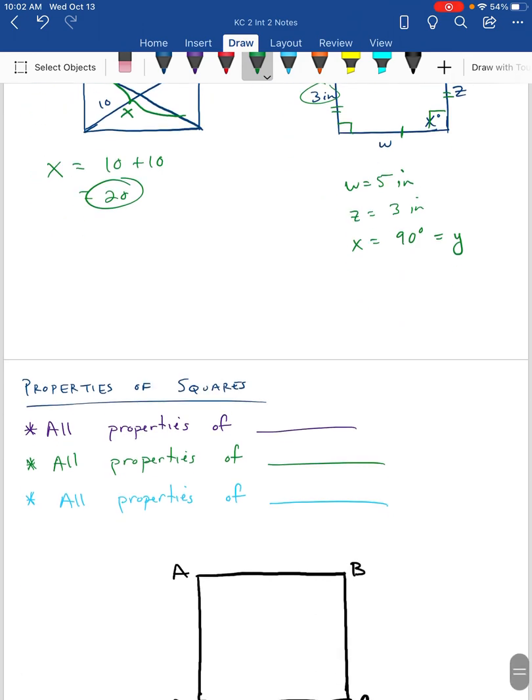For the following one, I have properties of a square. The properties of a square include all of the properties of a parallelogram and all of the properties of a rectangle, and then finally all of the properties of a rhombus.